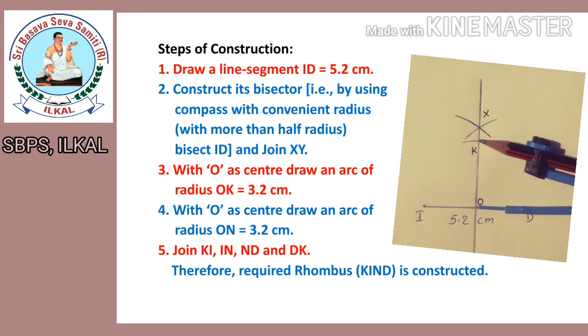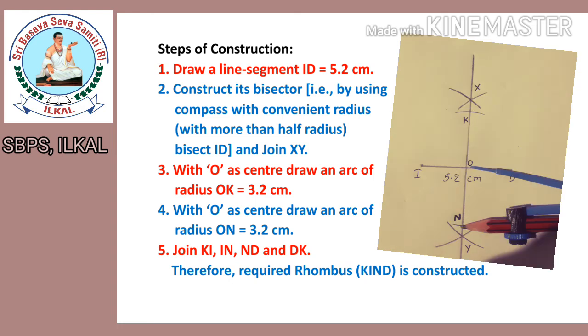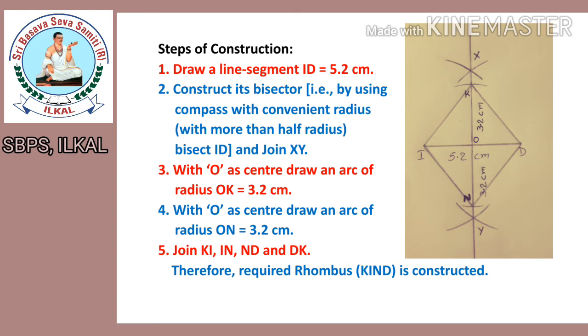Okay, children? Fourth step, with O as a center, draw an arc of radius ON equal to 3.2 cm. Fifth step, join KI, IN, ND and DK. Therefore, required rhombus is constructed.